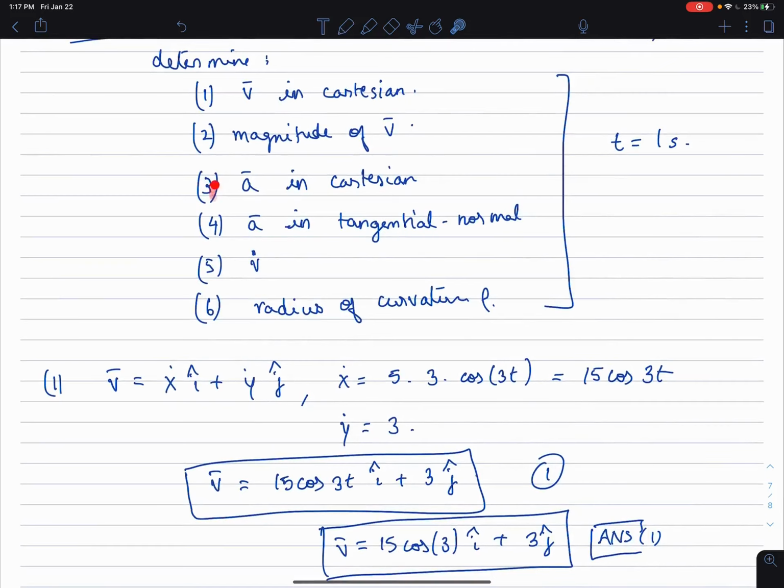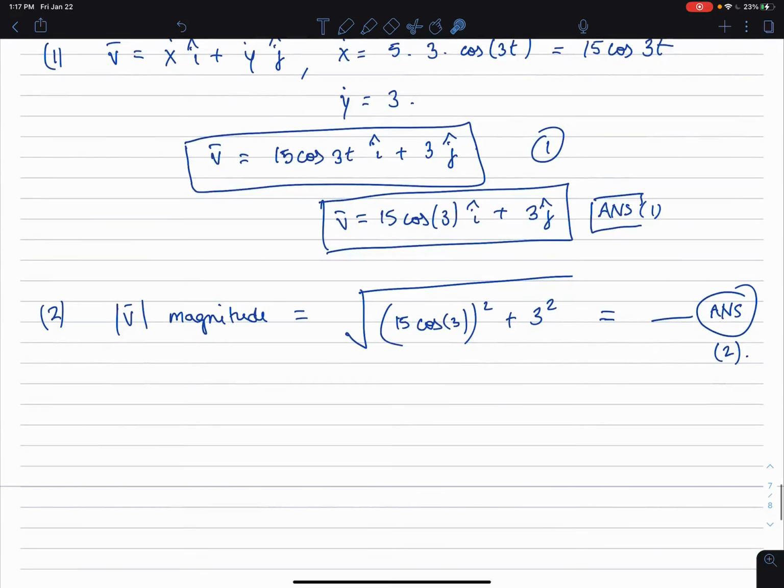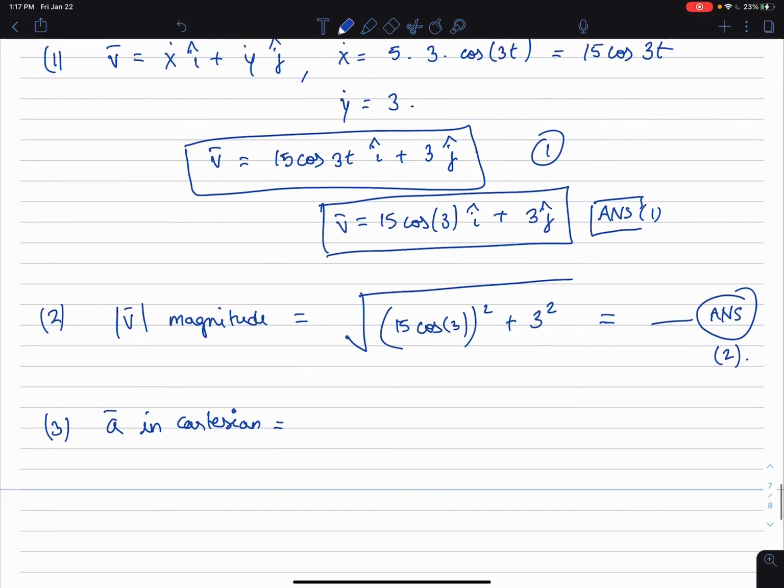Now we want to get Cartesian acceleration, for which we just differentiate this expression. So let's do that. The derivative of cosine is minus sine, and there's a 3 that comes outside, so we have 3 times 15 is 45.